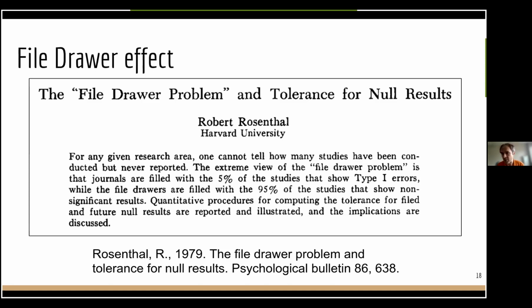Or even if you want to, editors or journals are unlikely to easily accept a non-significant result. That effect has been shown for a long time, since 1979, and yet I think we're still in the phase where non-significant results are very poorly published or not published.